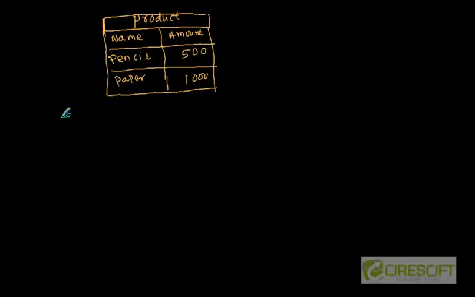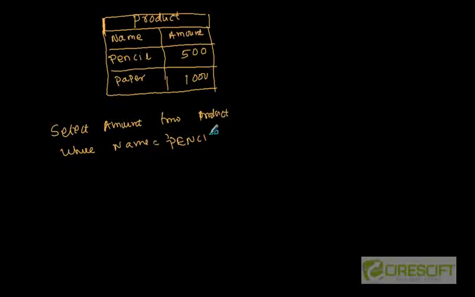In that case he is going to select amount from product where name is equal to pencil. Using this SQL statement, I get the number of pencils I have at that moment. Let's say this gives me 500.